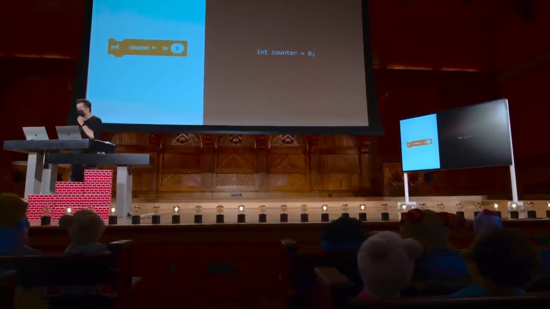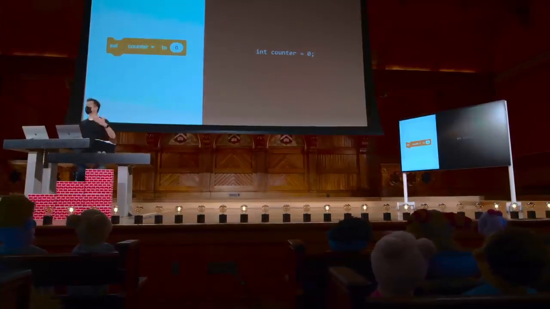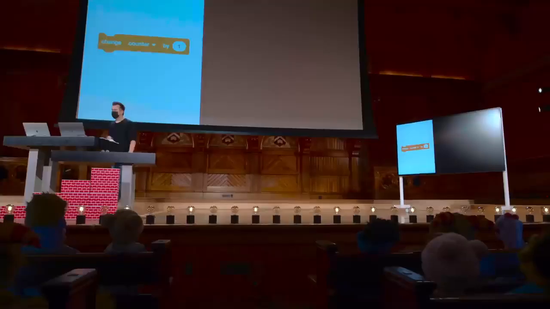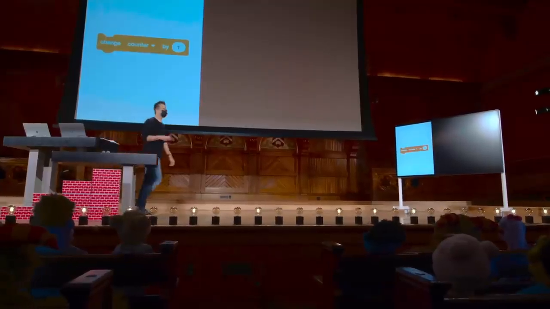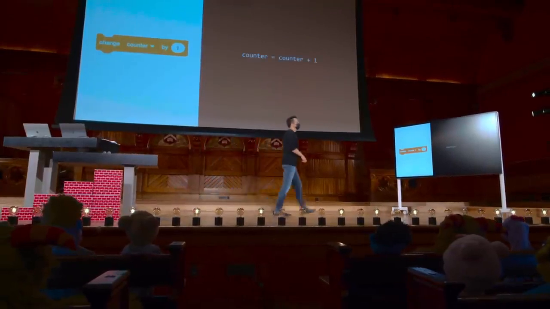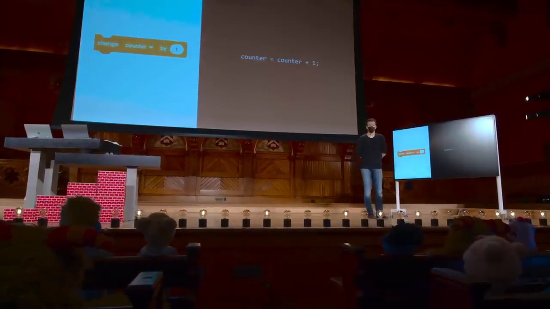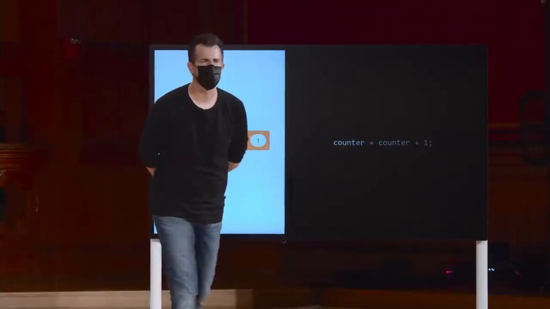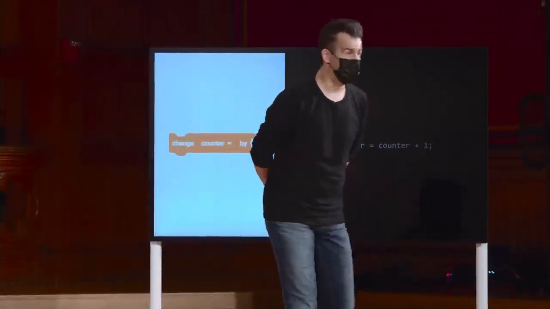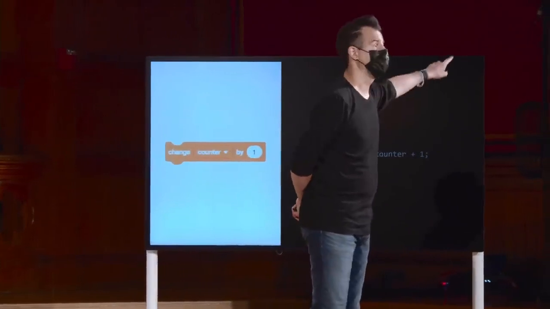What about in Scratch if we wanted to increment that counter variable? We had this very user-friendly puzzle piece last time that was change counter by 1 or add 1 to counter. In C, here's where things get a little more interesting and pretty commonly done. You might do this. Counter equals counter plus 1 with a semicolon. And this is where, again, it's important to note the equal sign, it's not equality. Otherwise, this makes no sense.